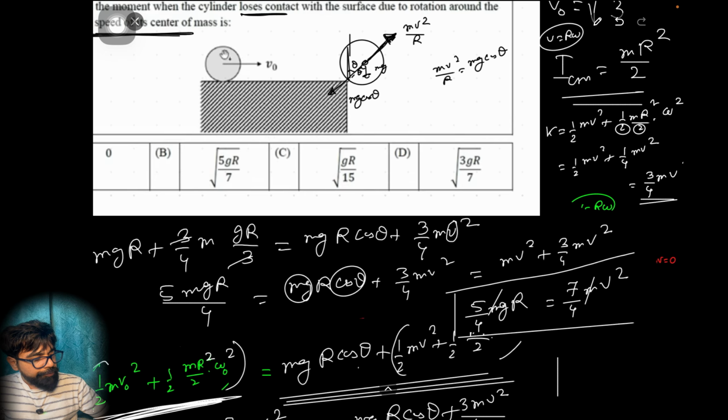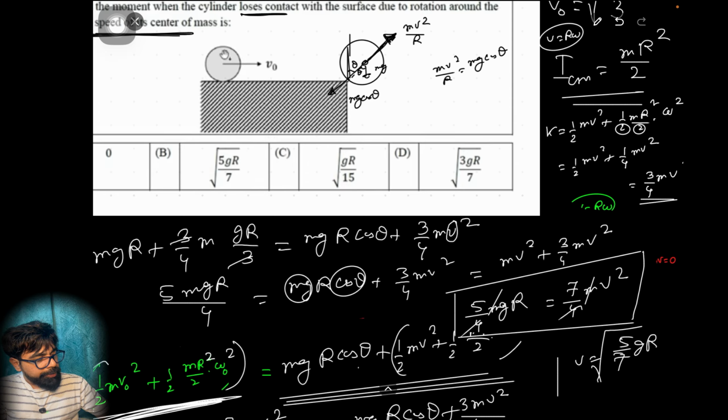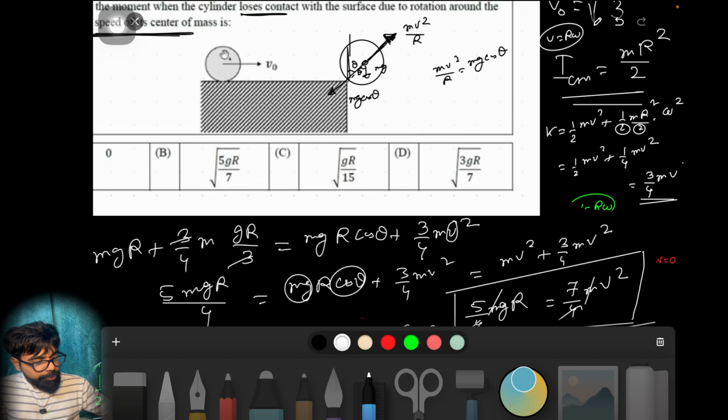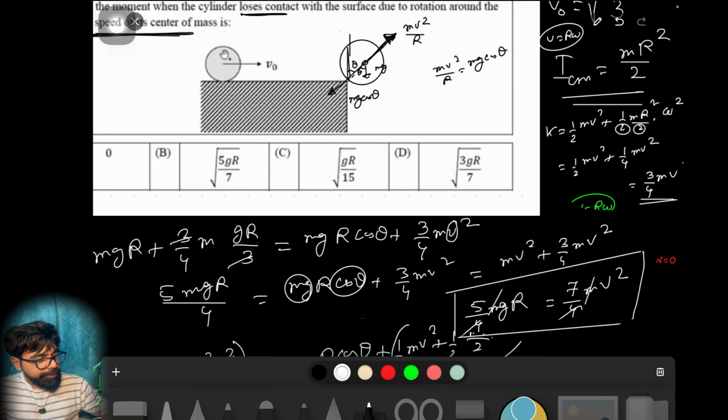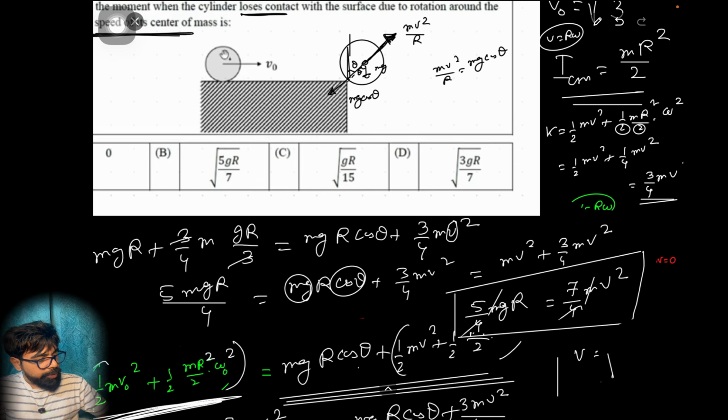What is the value of v that I am going to get? Also cancel 4, it is coming 5 by 7 gr under root. So the answer that I am going to get is option B. So I'll rewrite, v is equal to root under 5 gr by 7.